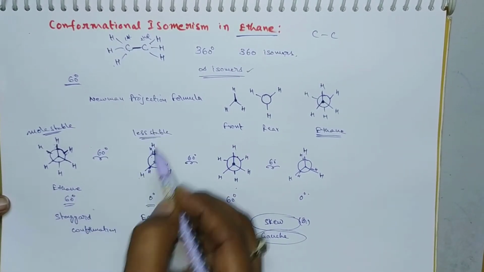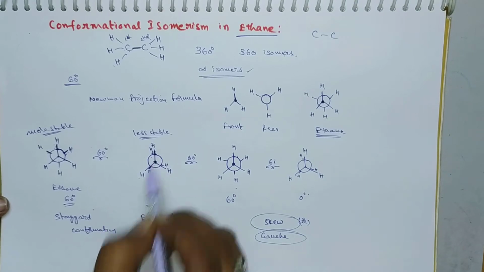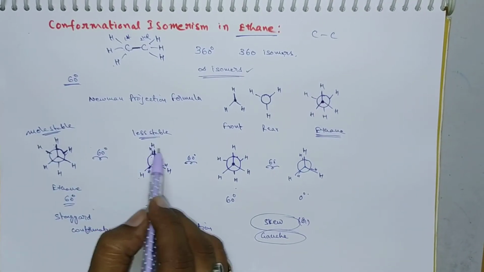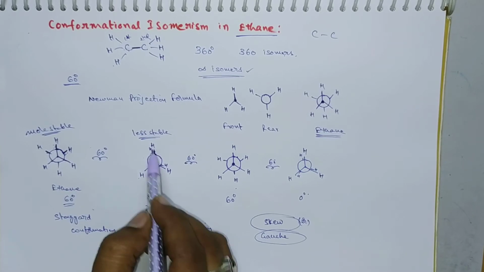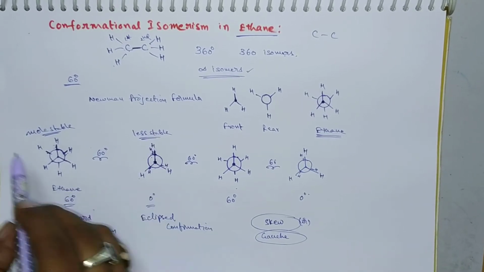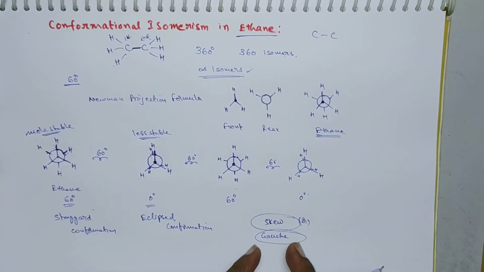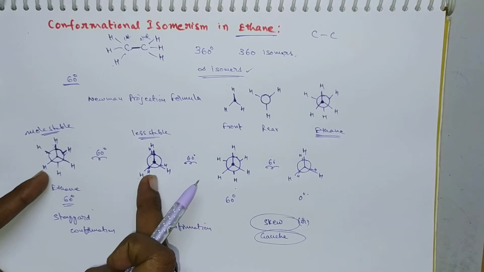Here there is repulsion between one bond pair and another bond pair. So the eclipsed is less stable and the staggered is more stable. In between these two there exist skew structures, which have an intermediate energy between these two.